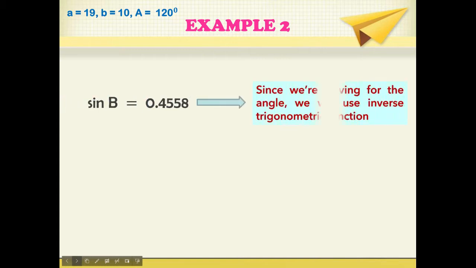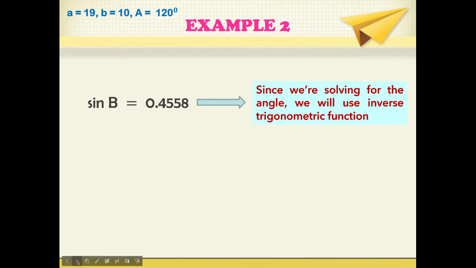So next. Sine B again is equal to 0.4558. Now since we're solving for the angle, we will have to use the inverse trigonometric function.